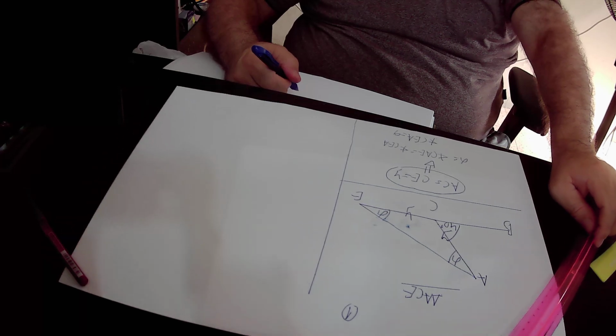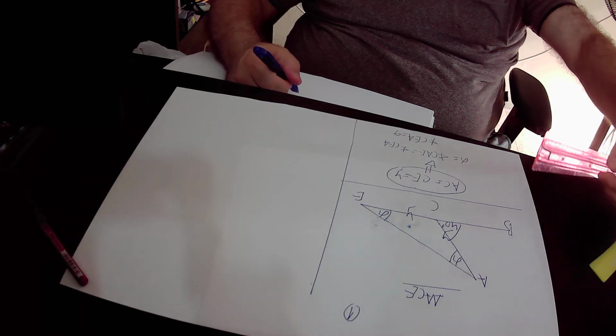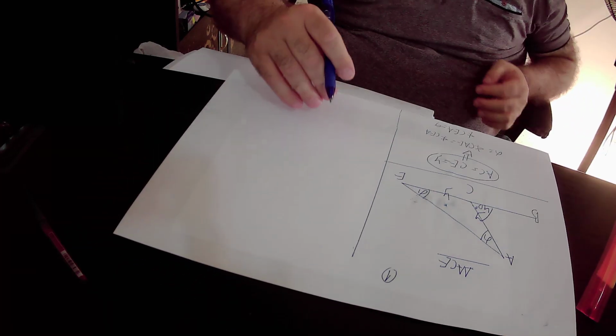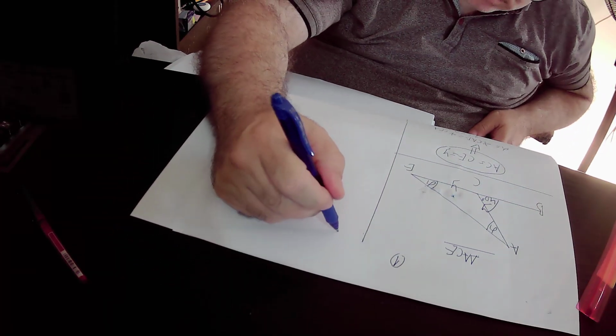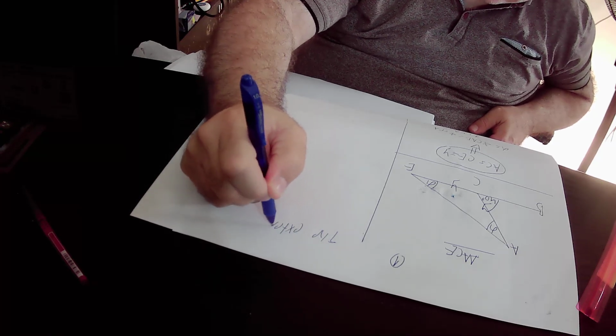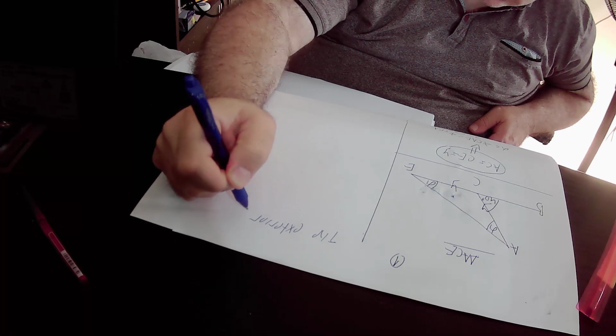And I will present to you the exterior angle theorem. What is the exterior angle theorem? The exterior angle theorem is true in any triangle.